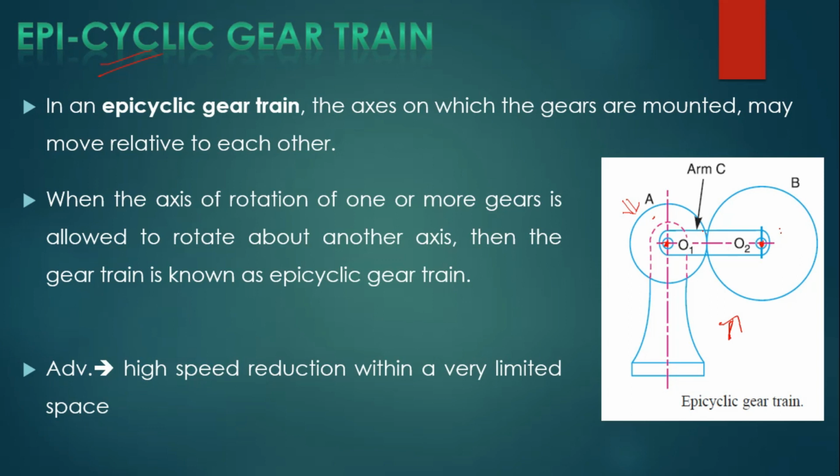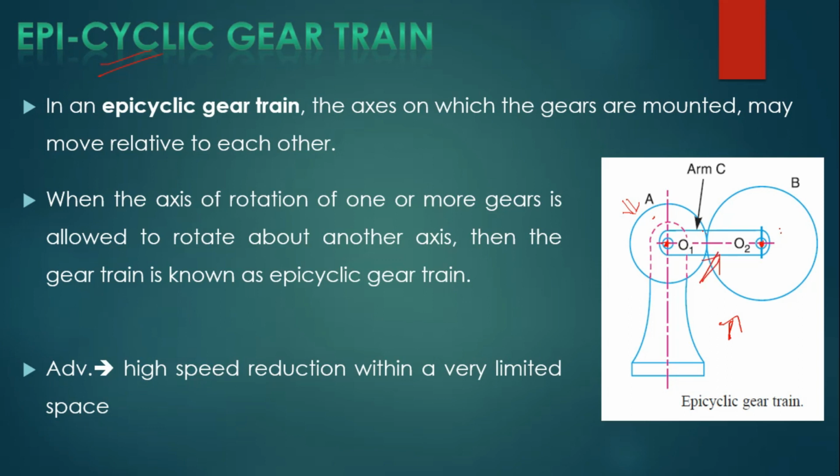What is the difference between an epicyclic gear train and other gear trains? In the case of simple and compound riveted gear trains, the axes on which the gears are mounted are fixed, and there is no relative motion between them, whereas for an epicyclic gear train, the axes of the shafts on which the gears are mounted may have relative motion.